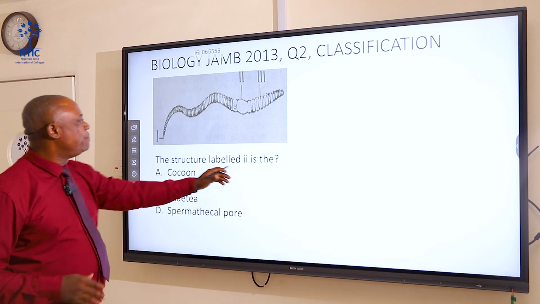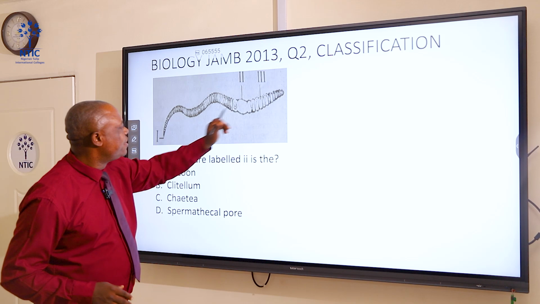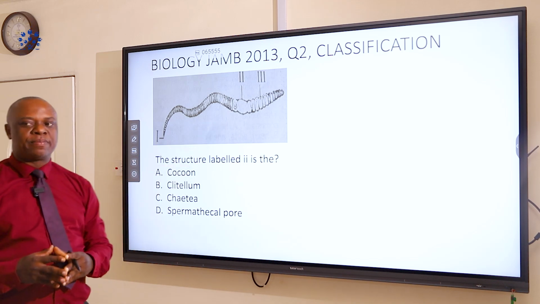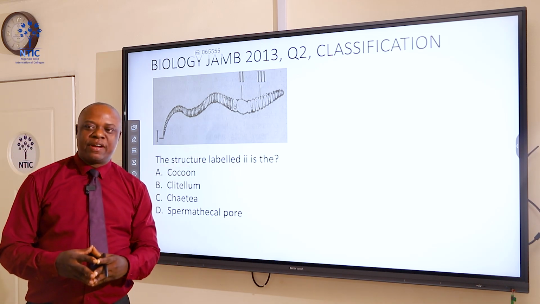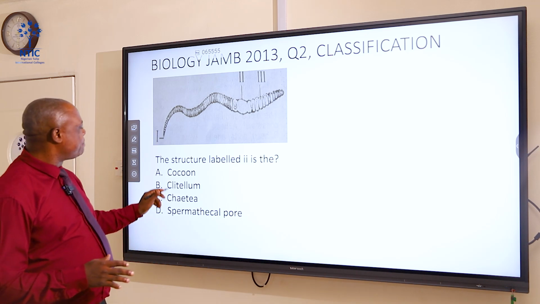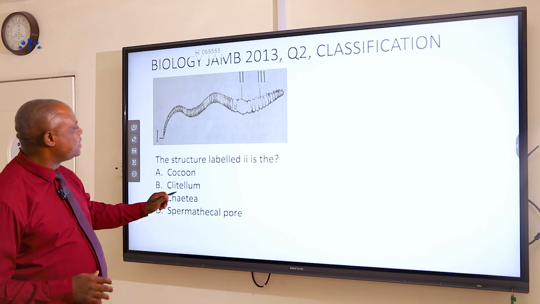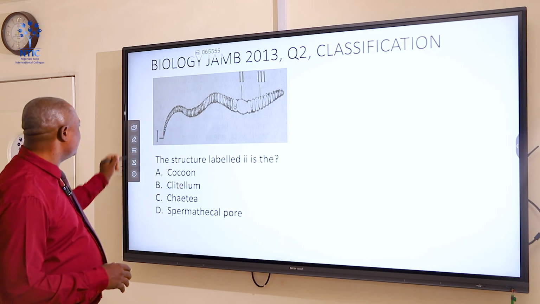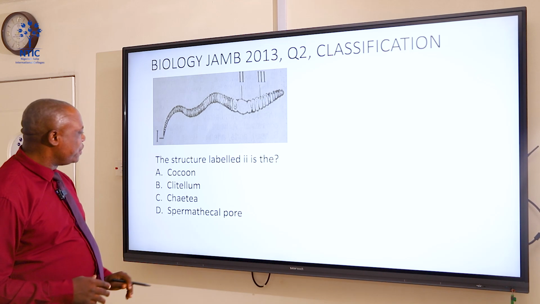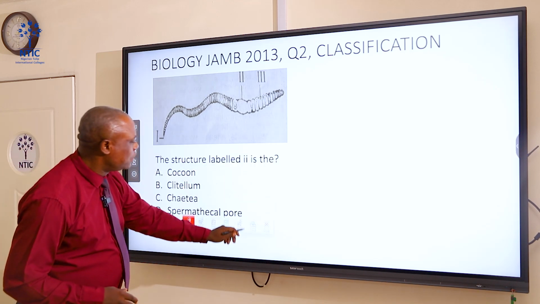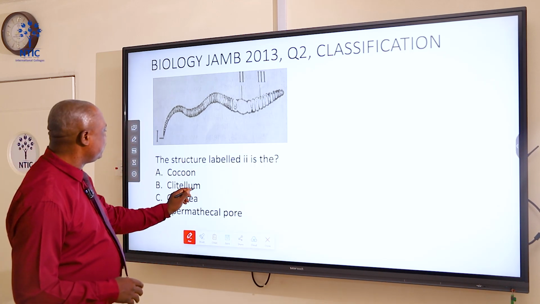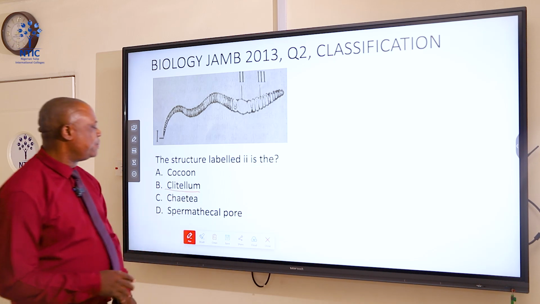The structure labeled 2 here is the clitellum. This clitellum is the part that secretes the cocoons. The cocoons are secreted by the clitellum. So the answer to the question is the clitellum.